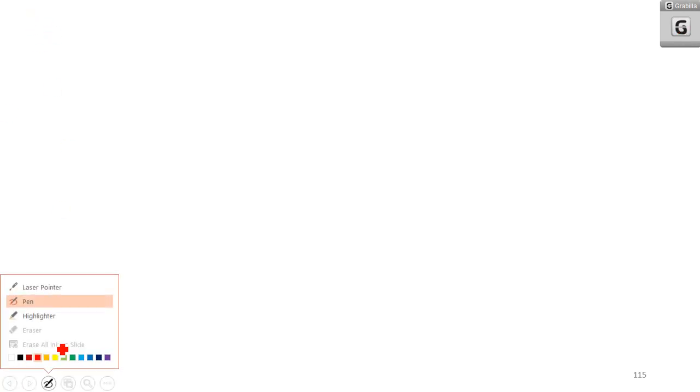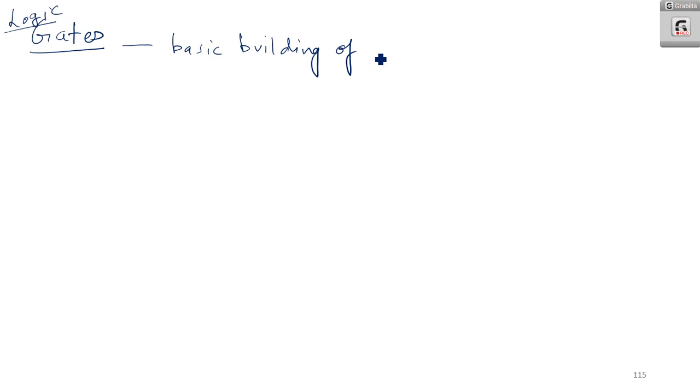So coming to gates, for logic gates. What are logic gates? Logic gates are the basic building blocks of a digital system.